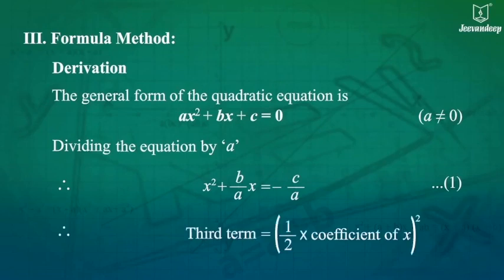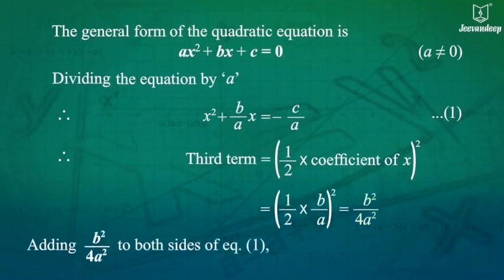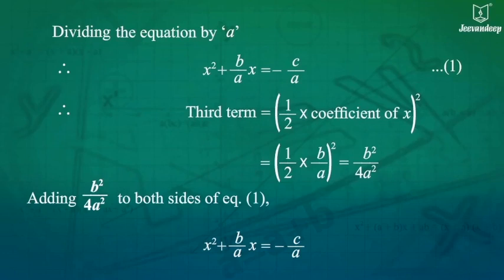As third term equals to half of coefficient of x whole square equals to b square upon 4a square. Adding b square upon 4a square to both sides of equation 1, x square plus b upon ax plus b square upon 4a square is equal to b square upon 4a square minus c upon a.